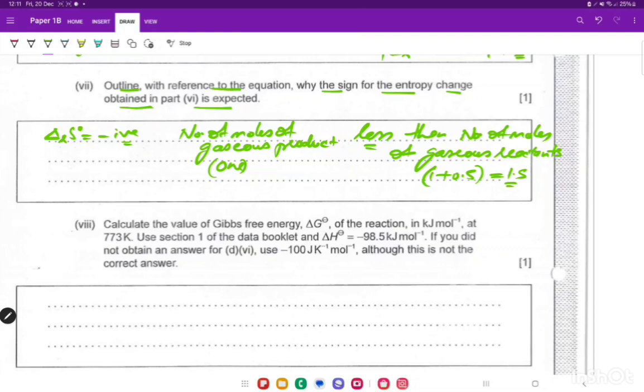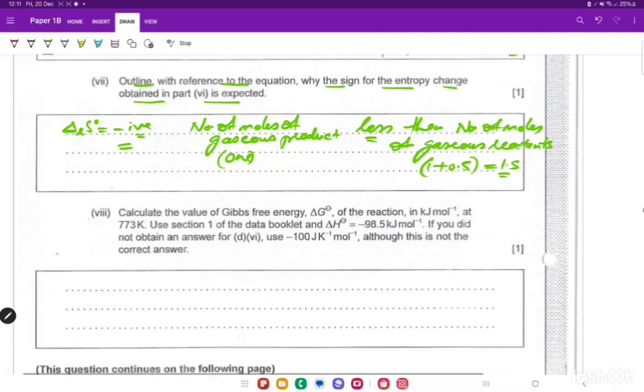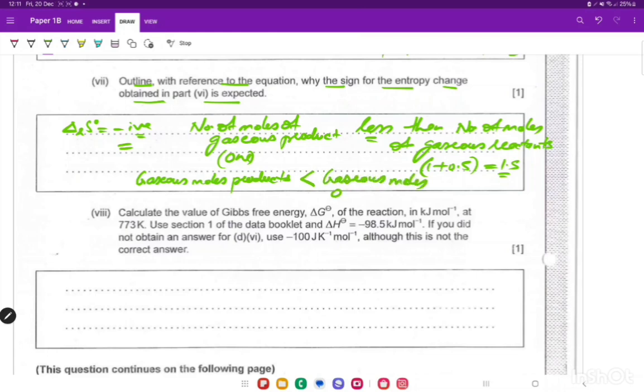Since the moles of reactants are greater than moles of product, entropy should be negative, as expected and as we calculated. Entropy is negative because gaseous moles of products are less than gaseous moles of reactants. This should be the answer.